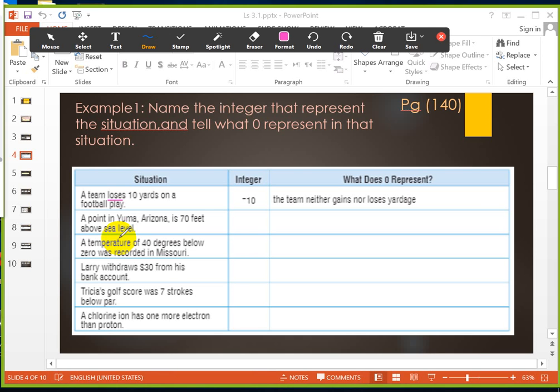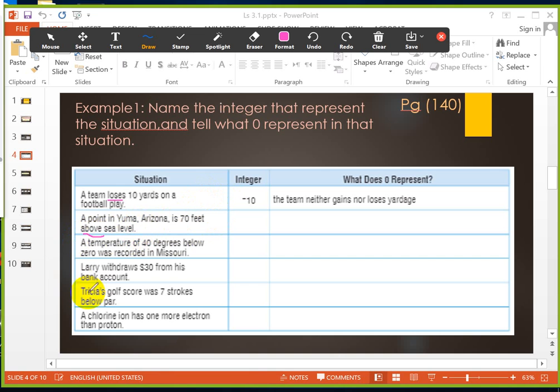Yuma is a region, like when I talk about some place or region in Riyadh. The point is 7 feet. Feet is a unit I can use if I want to measure height or a distance. So 7 feet above sea level.